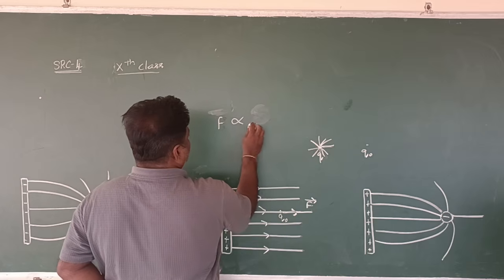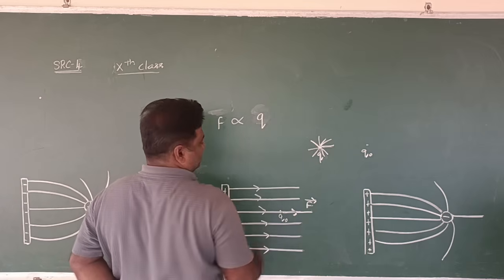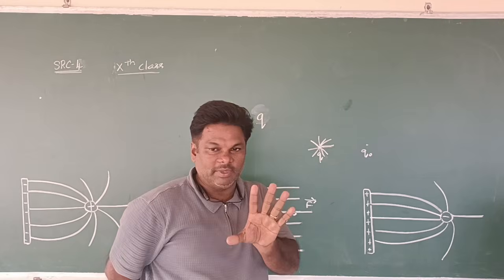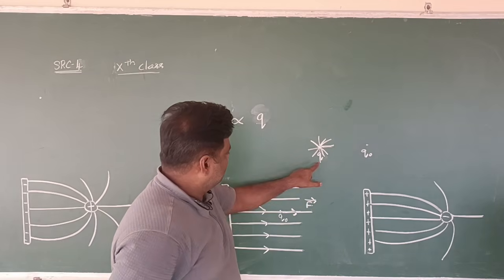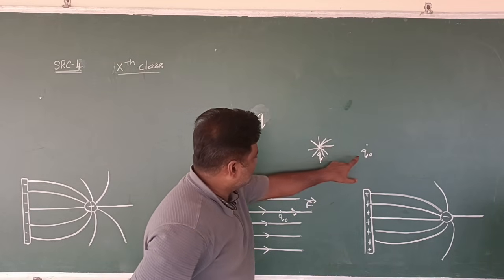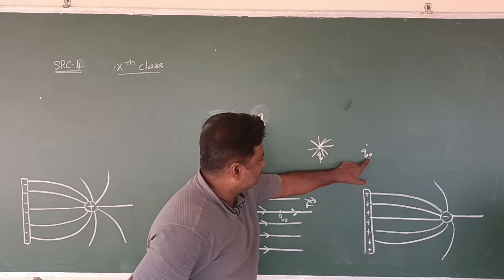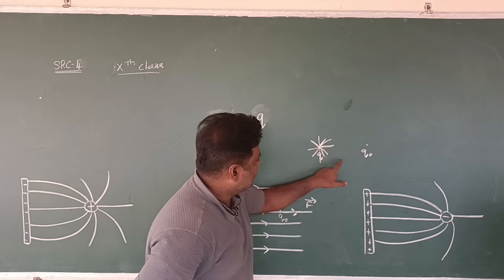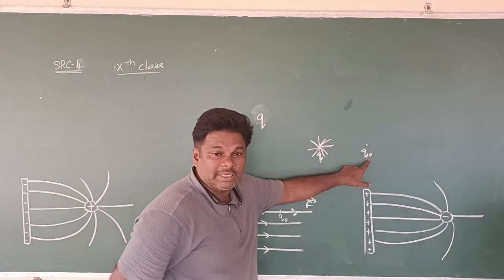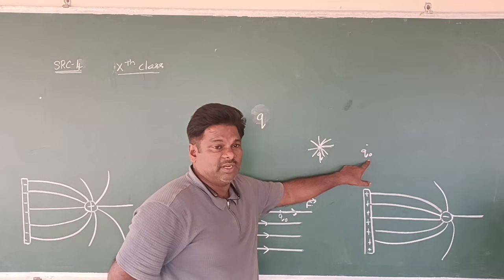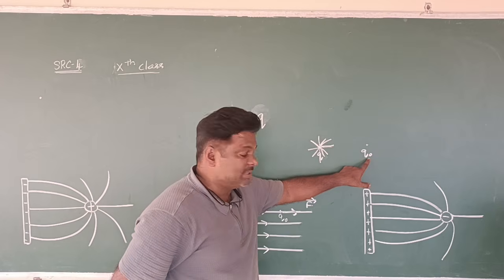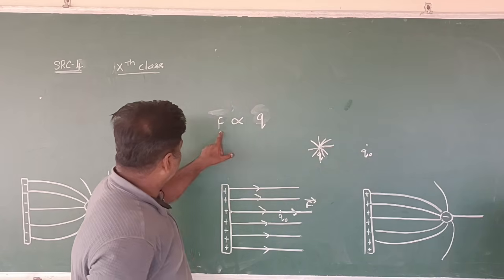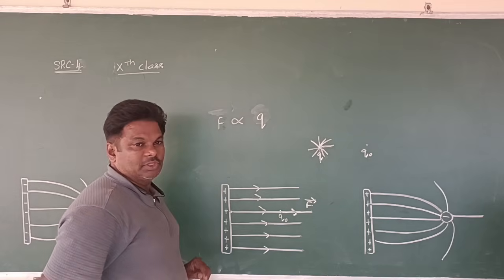F is directly proportional to Q. Our previous statement was wrong, sorry. This Q0 will experience more force due to Q, and as the magnitude of Q0 increases further, the force experienced by it increases. That's what I have written here: force is directly proportional to Q.